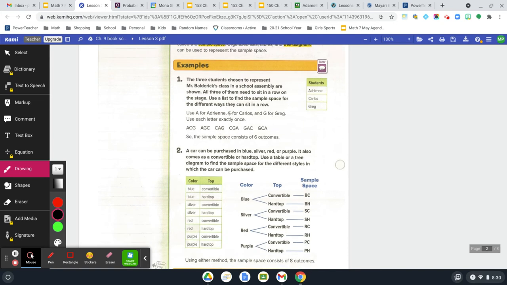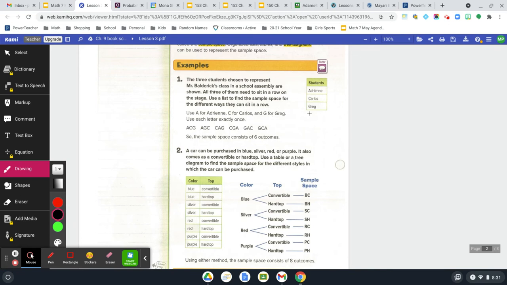Number 1 is going to show you how to just list it. Say 3 students are chosen to represent Mr. Baldrick's class in a school assembly, and you see the students in the table on the right: Adrian, Carlos, and Greg. All 3 of them need to sit in a row on the stage. Use a list to find the sample space for the different ways they can sit in a row.